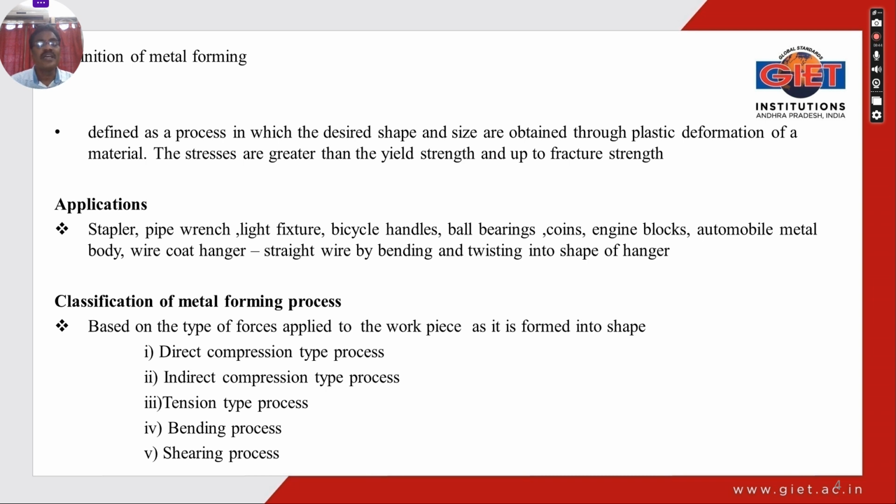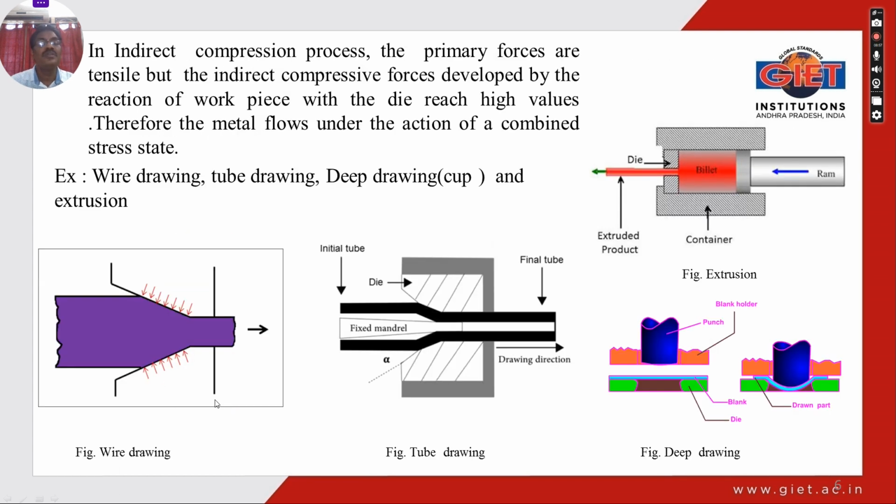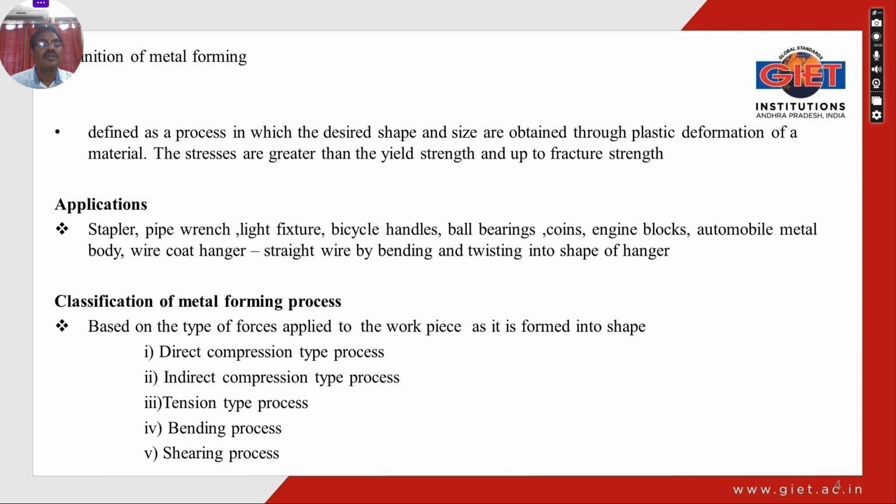In and around you, you can observe a number of applications related to metal forming. In daily use, a stapler may be made by a metal forming process. Wrenches are generally used for tightening bolts or nuts, maybe a pipe wrench or any other type of wrench, of different sizes. Repair people use them for bicycle, motorcycle, or car repairs.